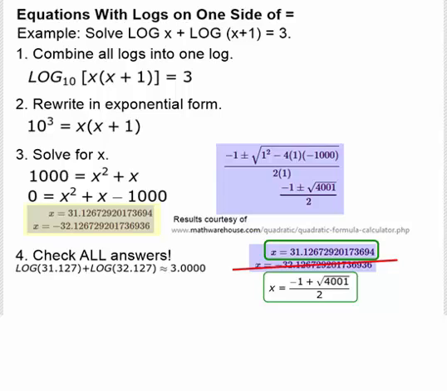And I find that log of 31.127, I've rounded to 3 places, plus log of 32.127, which is x plus 1, when I add them together, I get 3.0000 out to 4 places, which matches exactly. So our positive answer is indeed a solution. We can also write that solution in radical form as negative 1 plus the square root of 4,001 over 2.